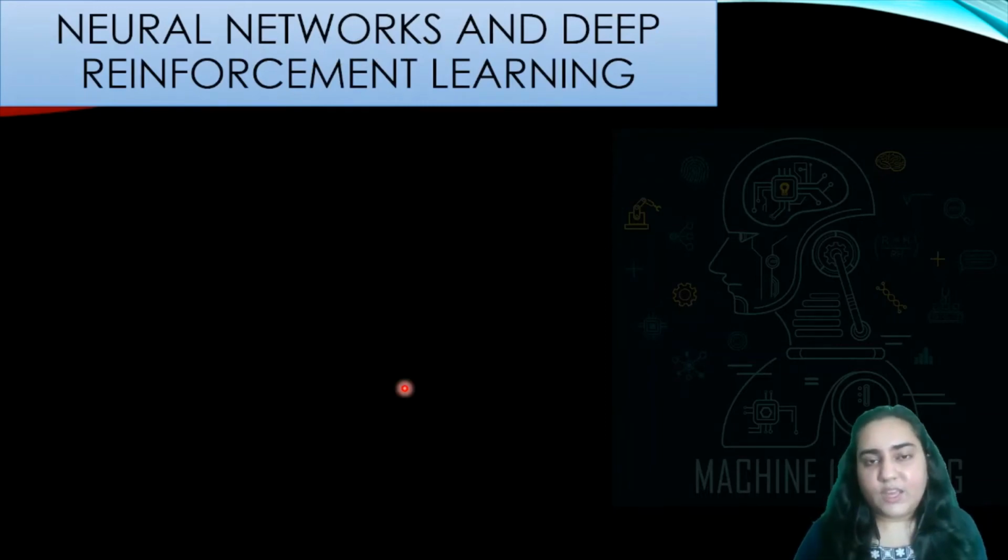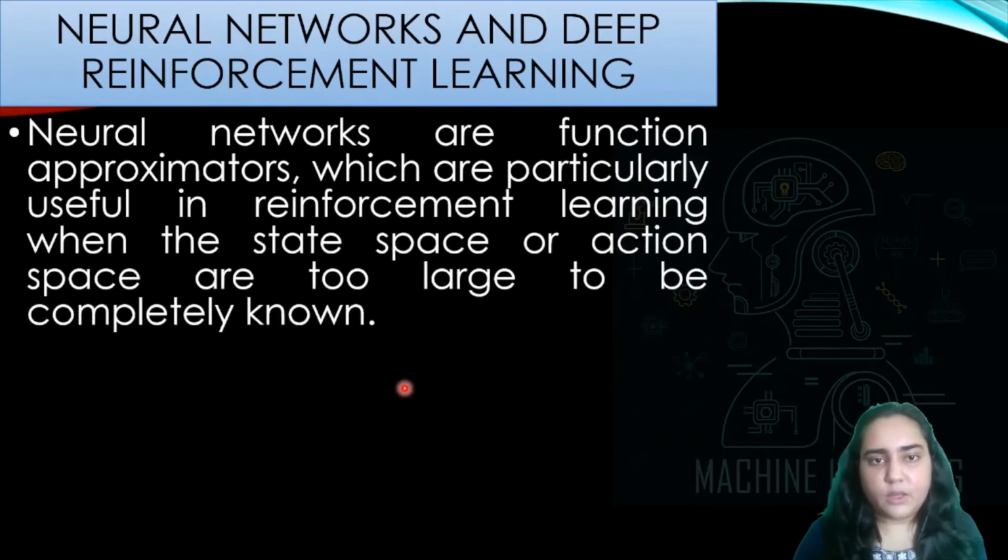Now, since we have seen the reinforcement part of deep reinforcement learning, let's take a look at the neural networks part. Neural networks are function approximators, which are particularly useful in reinforcement learning when the state space or action space are too large to be completely known.